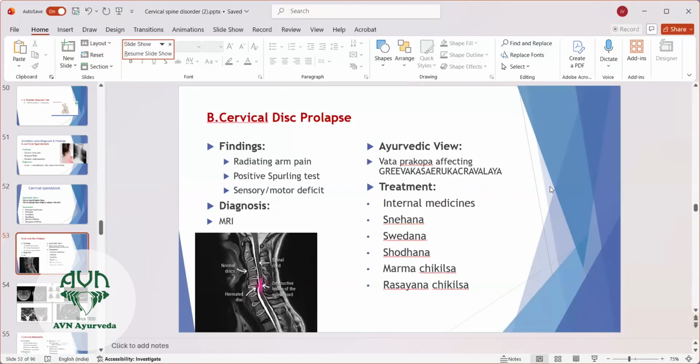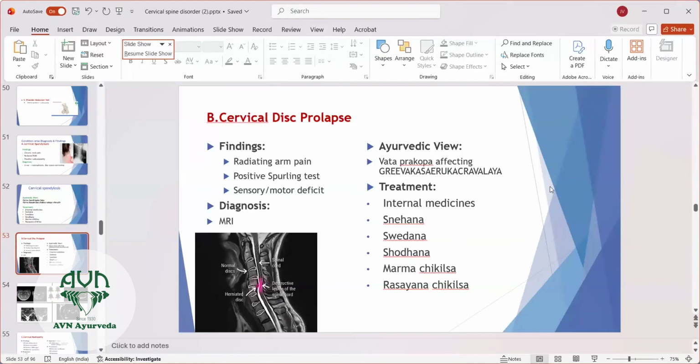Marma stimulation will give very good results, and Marma therapy also we will do. After that, we give the Rasayanas for nourishing the Saptadhatus, which will give immense strength to the intervertebral disc also.